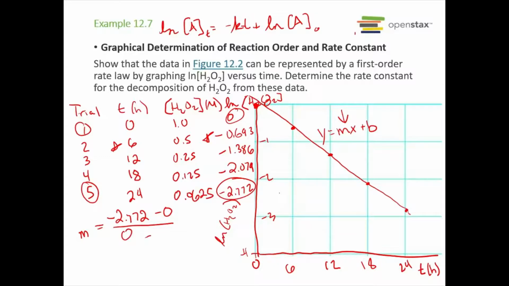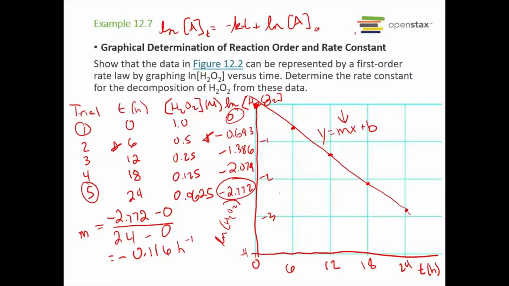0 minus 24 hours, sorry, not 0, 24. I was like, wait, minus 0. So this gives us negative 0.116 inverse hours. Because on top, natural log does not have units, but on bottom, those are both hours. But remember, the slope of our graph is equal to negative k.